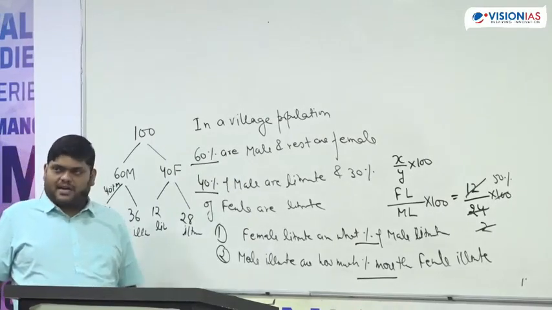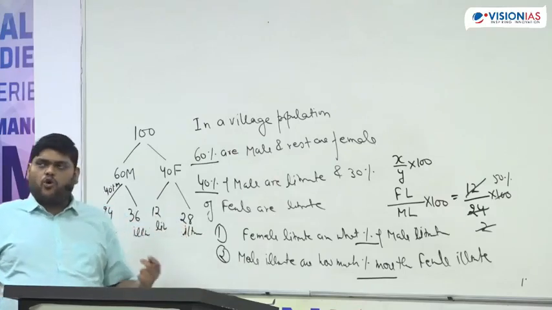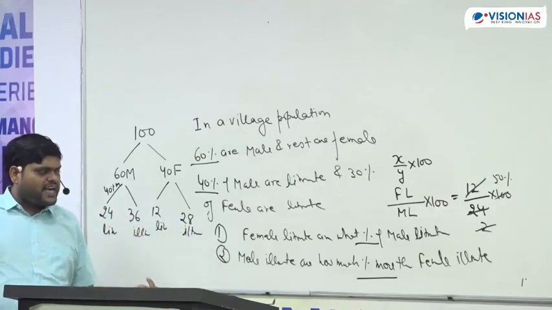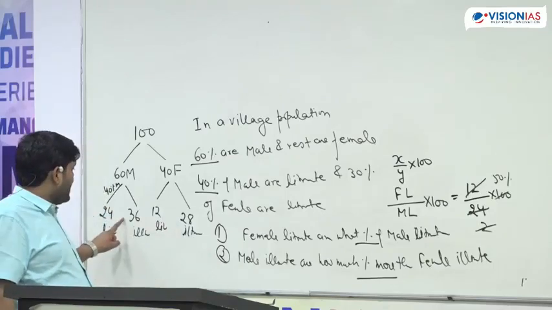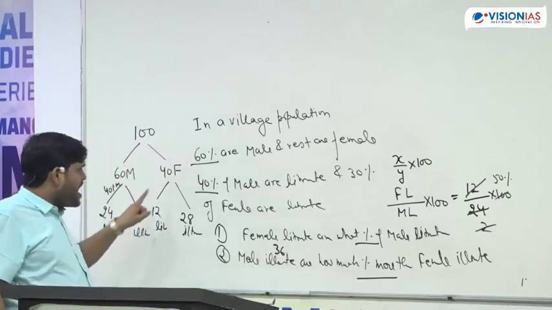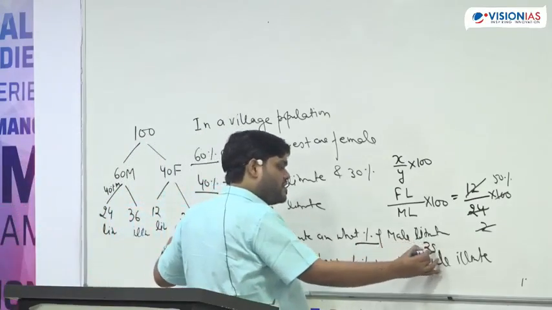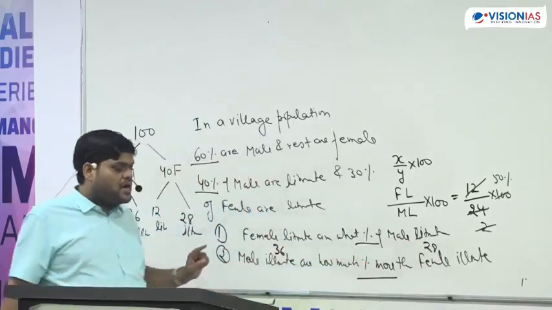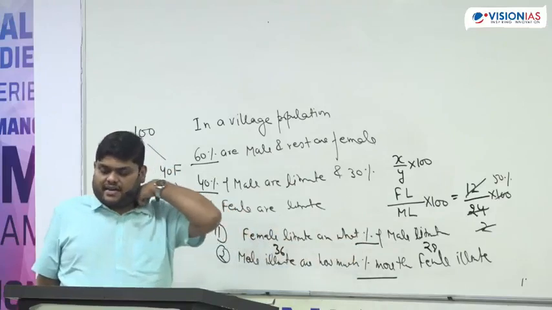Now the second part. Male illiterate are how much percent more than female illiterate? We have every data. Male illiterate are 36 and female illiterate are 28. That means the question becomes, 36 is how much percent more than 28?